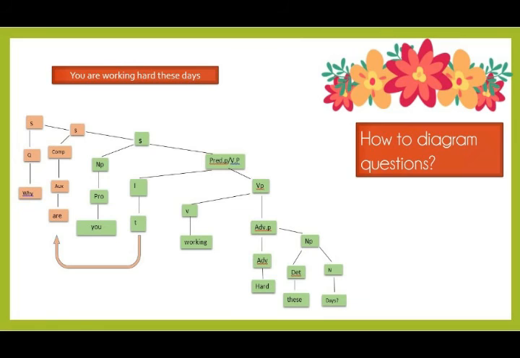We have a noun phrase that is also a pronoun, which is "you." Then we have a predicative phrase and verb phrase. In the predicative phrase, we have the auxiliary "are," and then we have a verb phrase corresponding to the verb "working."